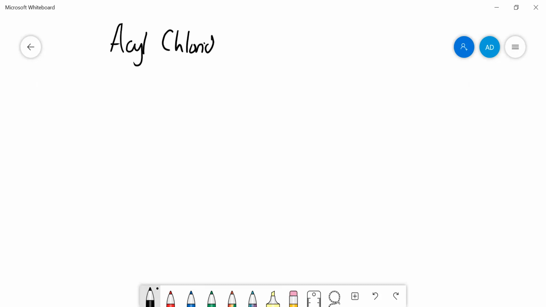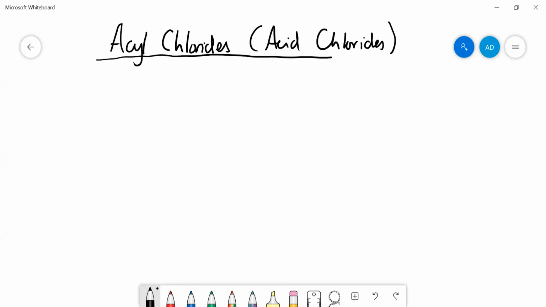Acyl chlorides, sometimes called acid chlorides. Right, they're a derivative of carboxylic acids. So if we have a carboxylic acid, it would be like this, and it's got an OH group on there.